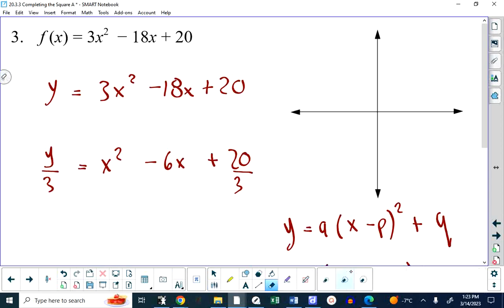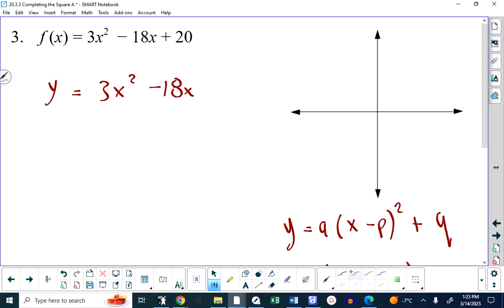Is there something we can do here to change the coefficient of x squared to 1 without dividing both sides by 3? Maybe factor the 3 out of the first 2 terms? Right. And I like what you said. Factor the 3 out of the first 2 terms. We're still going to do plus 20.